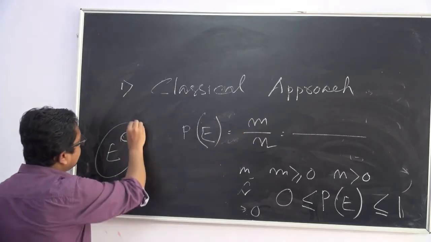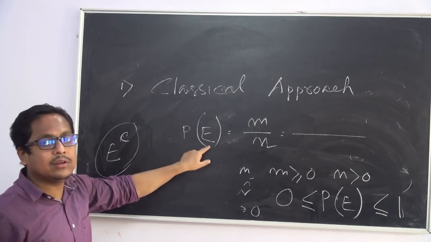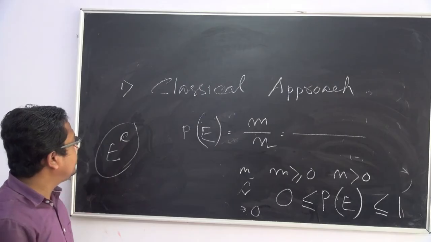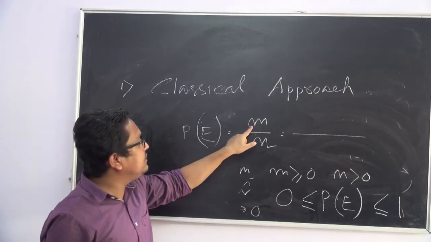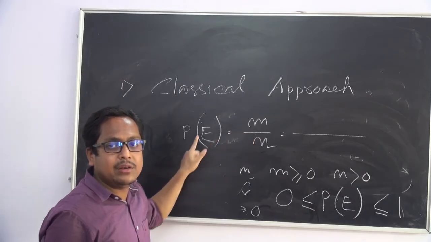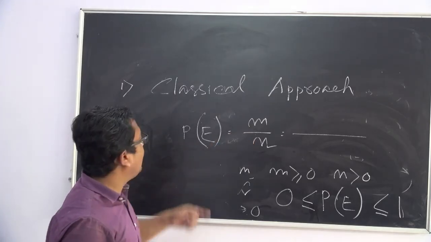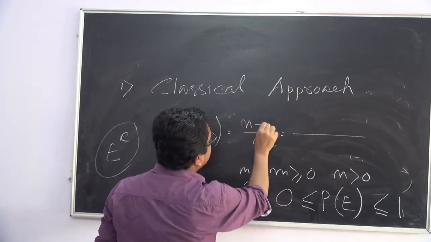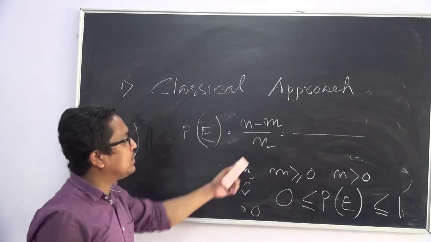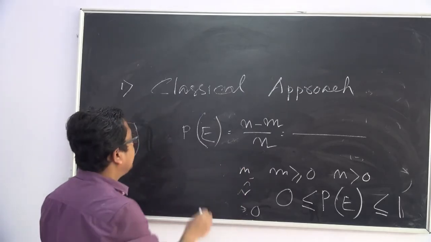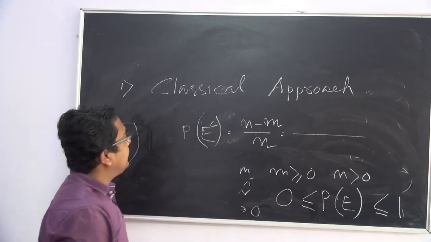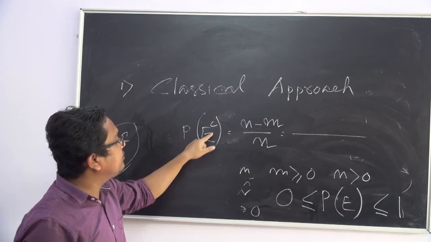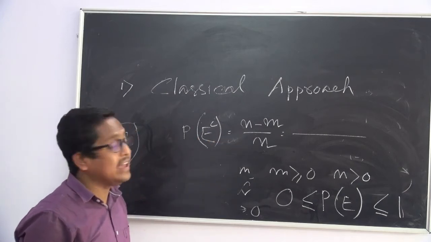Now if we discuss the non-happening of that event, it is known as the complementary event and it is denoted by E complement. So if m is favorable for getting event E, then the non-favorable cases for event E are nothing but n minus m, because n is the total number of cases. Then the probability of non-happening of this event is given by probability of E complement is equal to n minus m by n.